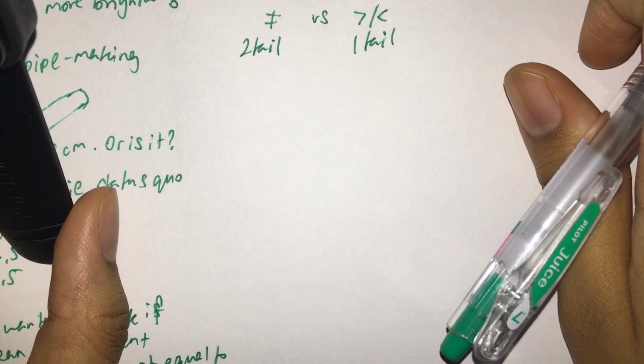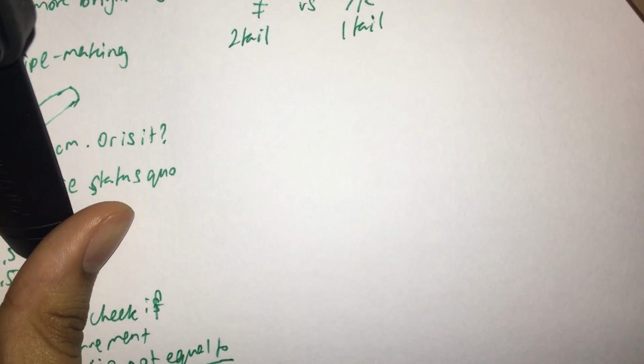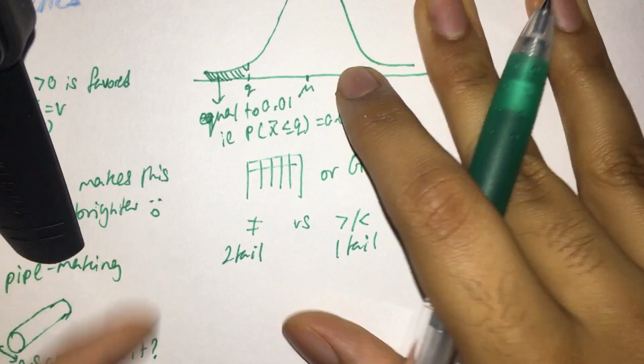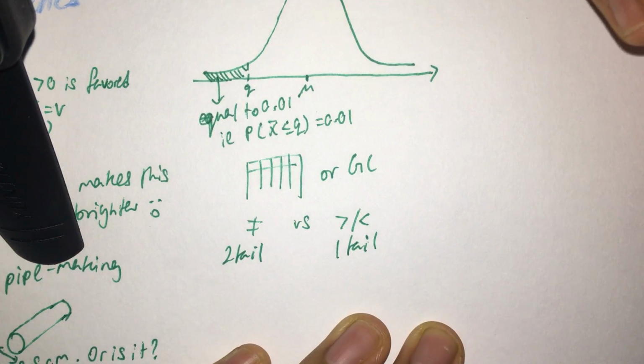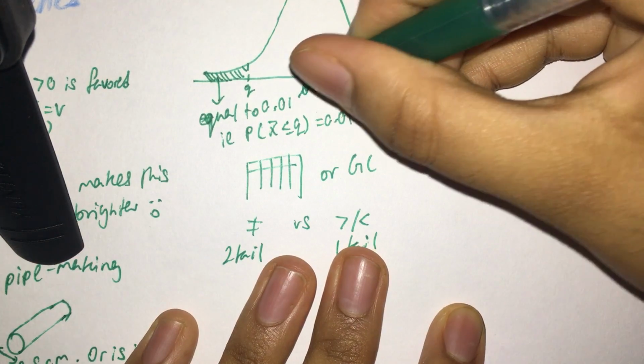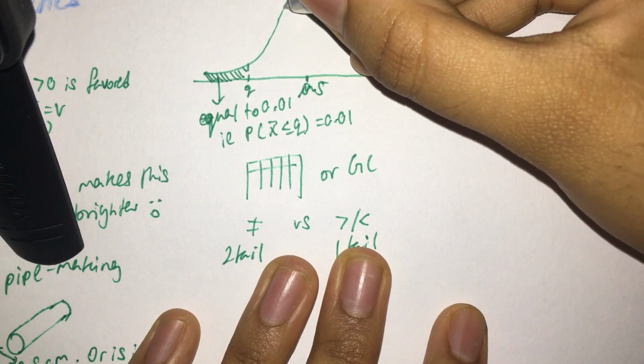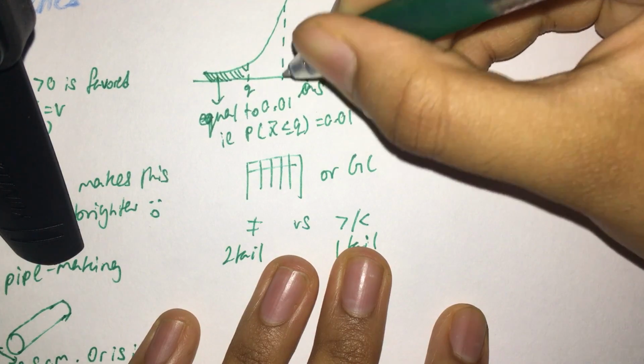So in this scenario, for example, if you're saying that the mean is 0.5, and the value that we got was 0.48, we can try to figure out the chance of the mean being less than 0.5.